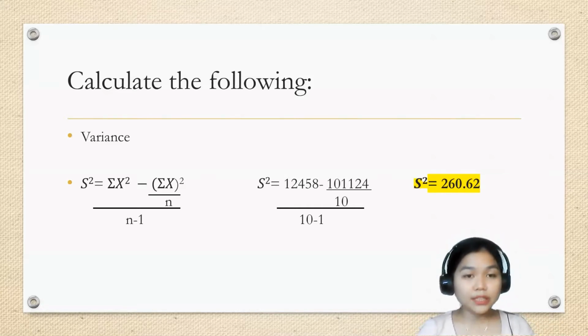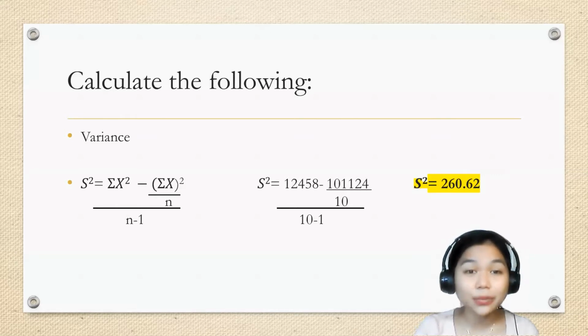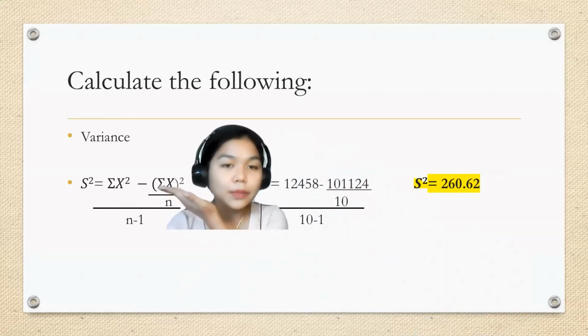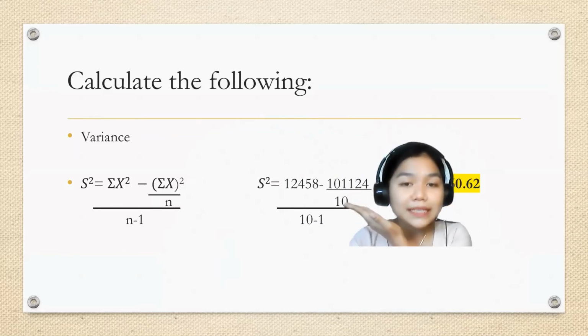For the computation of the variance, we use this equation: the summation of the sum of squares minus the summation of the square of the sum divided by n, or the number of samples, over all n minus 1, or the degrees of freedom. The summation of the sum of squares is equal to 12,458, and the square of the sum, 318 squared, is simply 101,124 divided by 10.